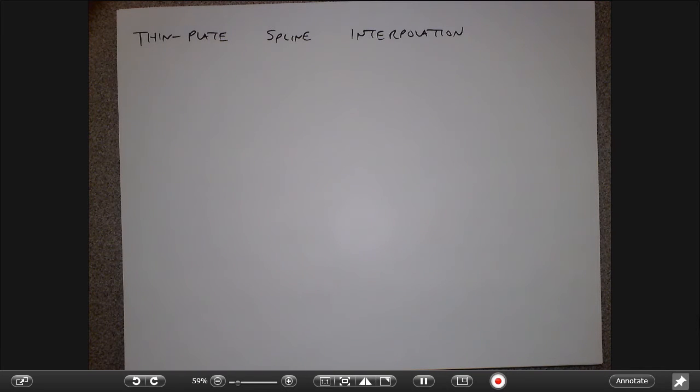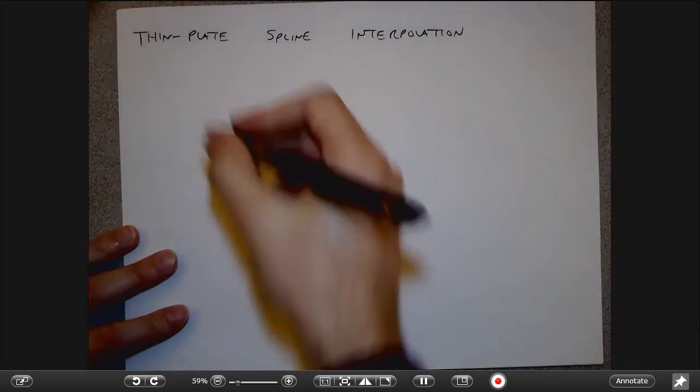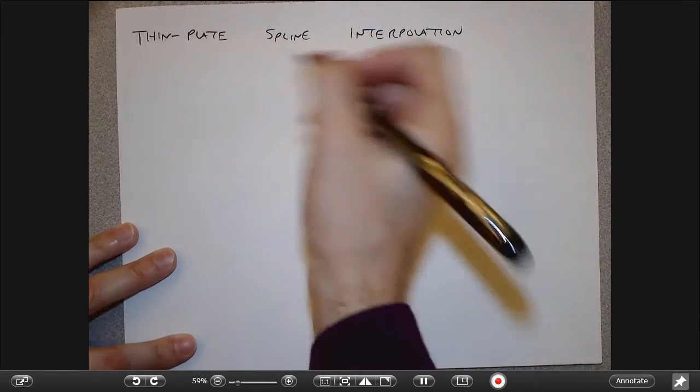So it tries to find the lowest energy final position that corresponds to hitting all the points where you've nailed it down. You can actually find splines in things like boat building, where you're nailing things down in between fixed points. And so the terminology here is a little bit different.